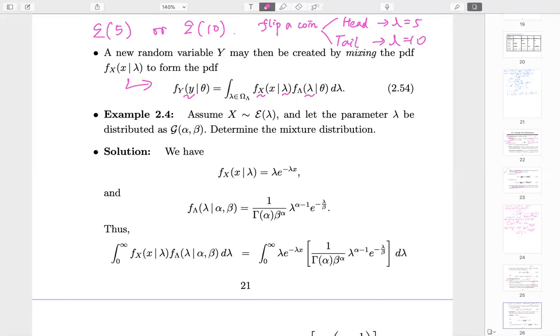So we have an exponential distribution, but in this case, lambda, the parameter, is something we don't know. Luckily we know this lambda can be either 5 or 10 with some probability. Let's say 50-50.